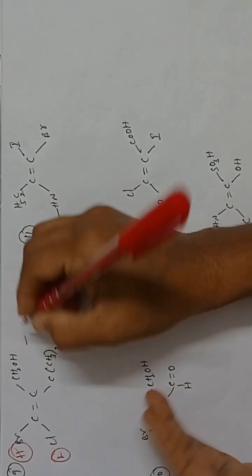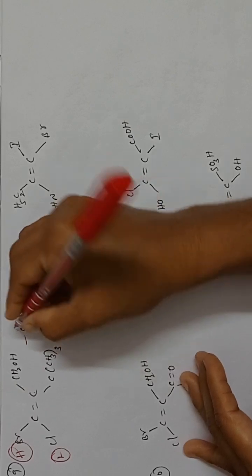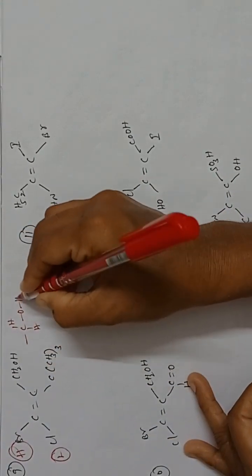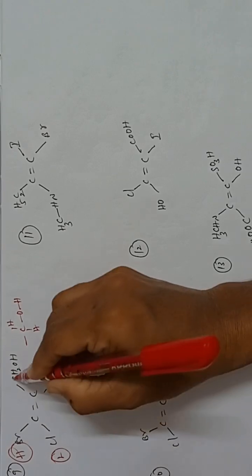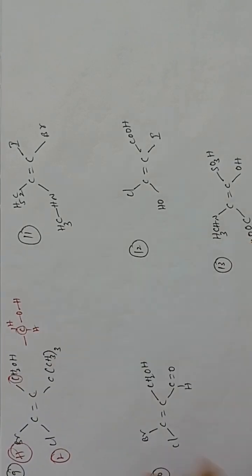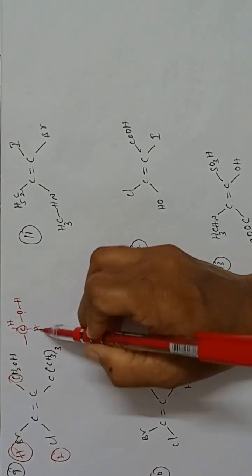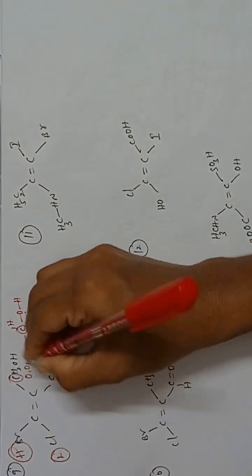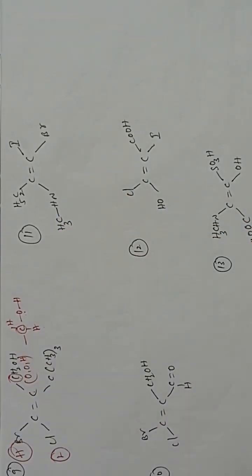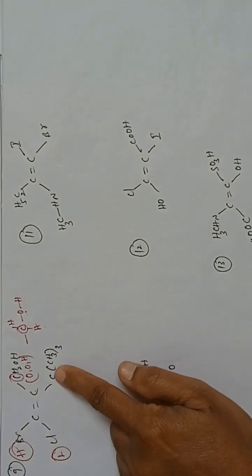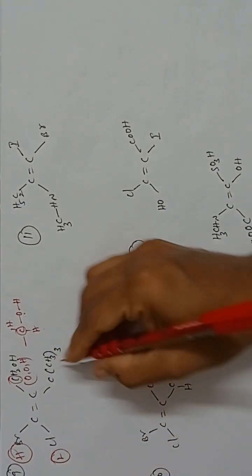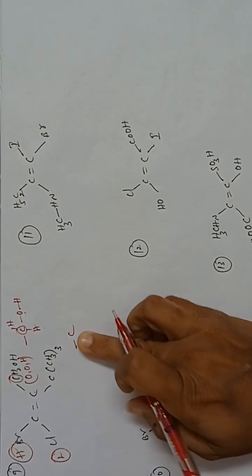I am writing this one as CH2, OH. Now tell me, to this carbon which atoms are attached? Oxygen, two hydrogens. Correct? Write those three atoms here. Now see, C(CH3) thrice. This one also you write separately: C(CH3) thrice, and this one single bond C.